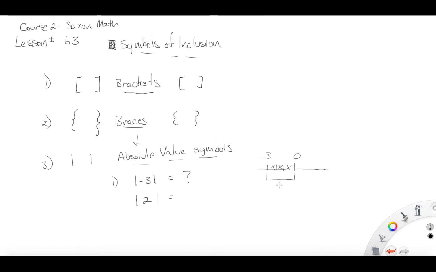So the absolute value of -3 is 3. What's the absolute value of 2? Same thing. We go to 0, there's 1, there's 2. That means it's simply 2. So, just to remember some things about absolute value. Those are the things we're going to be dealing with today in our lesson.